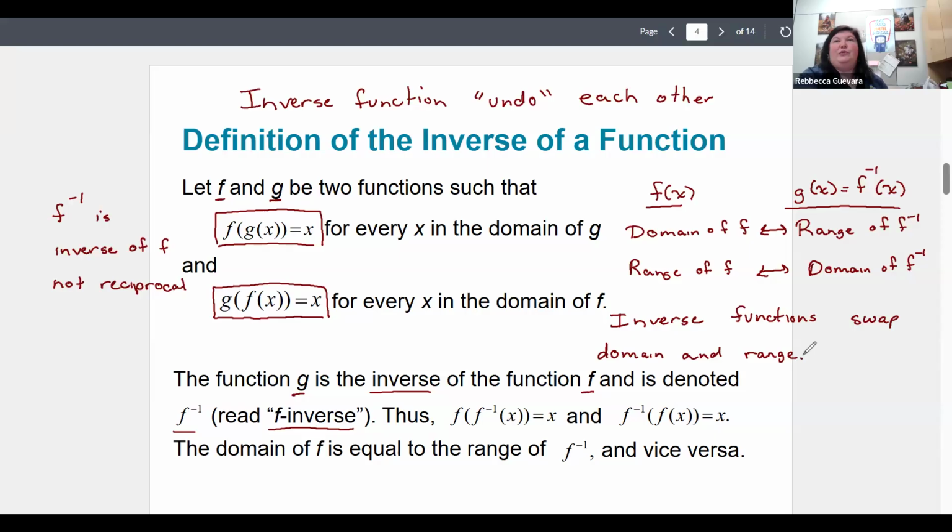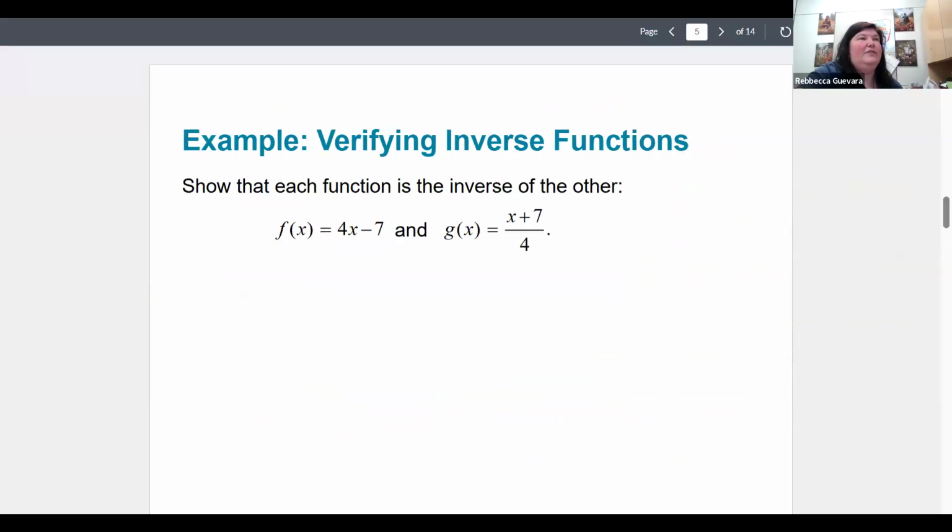First, we're just going to show if two functions are inverses of each other. So we have these two functions. We have f is 4x minus 7 and g is x plus 7 over 4. So if you remember, I said that inverse functions undo each other.